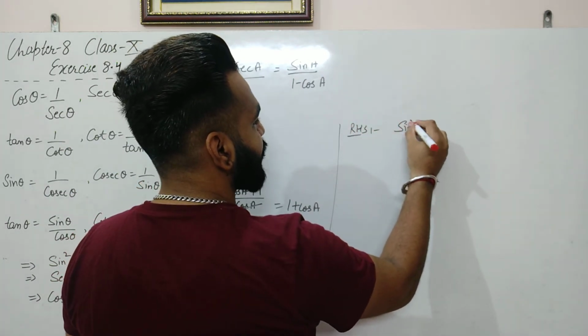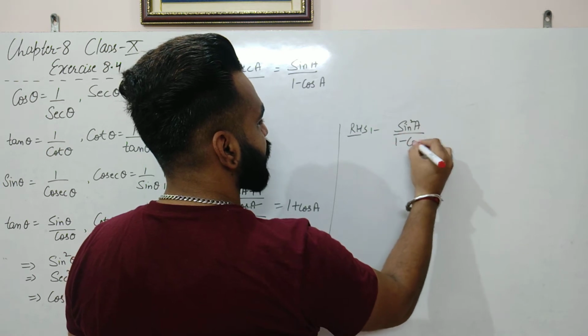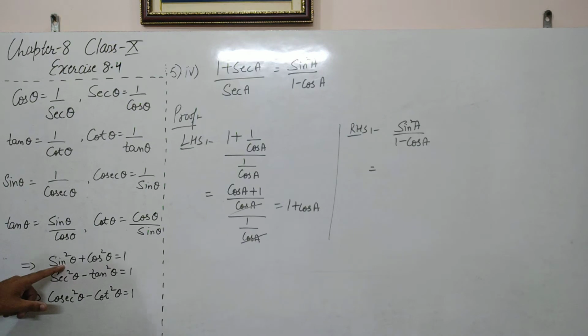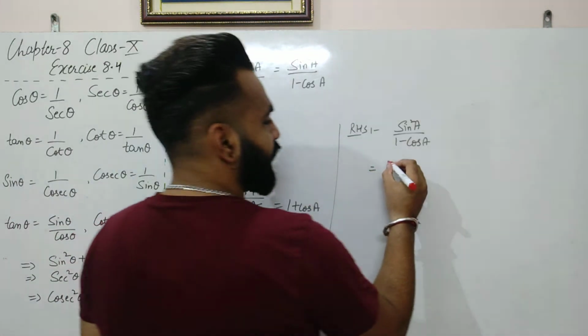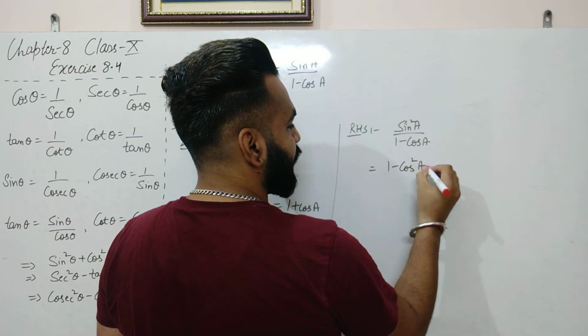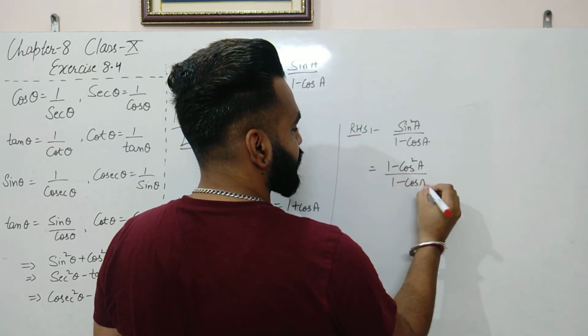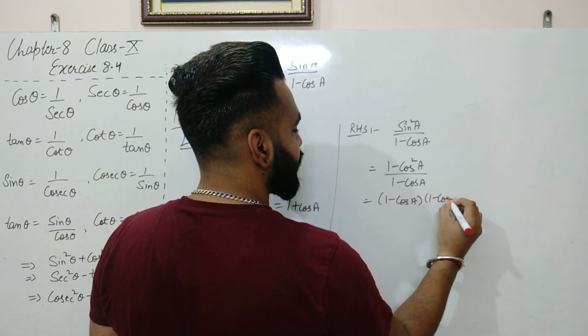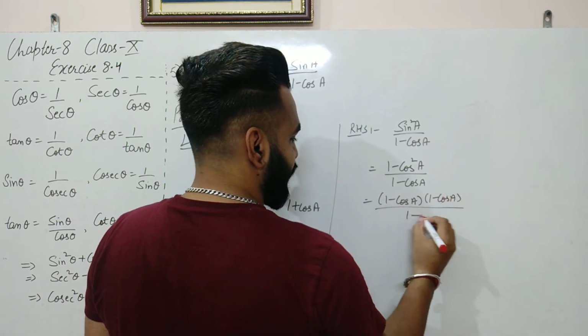So let's try to simplify the RHS part now. RHS part is sin square a by 1 minus cos a. We know that using identity we can write sin square theta is equal to 1 minus cos square theta. So write here 1 minus cos square a divided by 1 minus cos a. This will be 1 minus cos a into 1 minus cos a divided by 1 minus cos a.